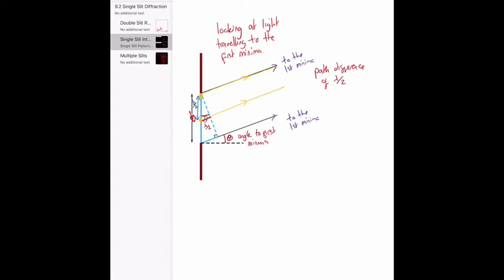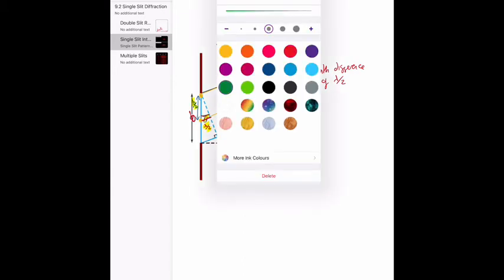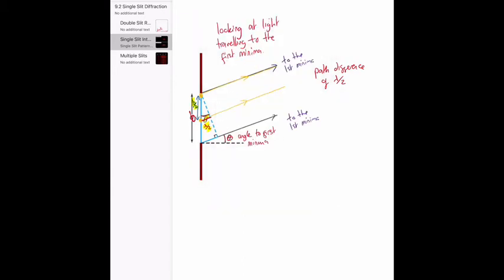Okay, so now we've got a bit of trig. So let's come up with a little equation based off that. So we're going to use that value there, and that value for theta. So let's have a wee look. Okay, so my opposite is going to be lambda over 2. The hypotenuse of my triangle, if that's my right angle there, will be given by b over 2.